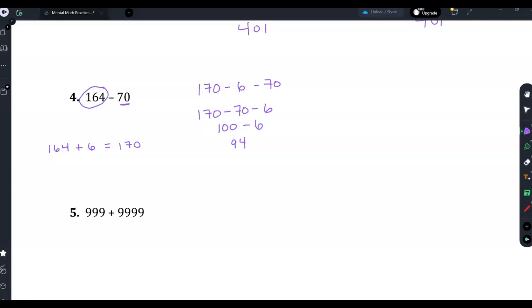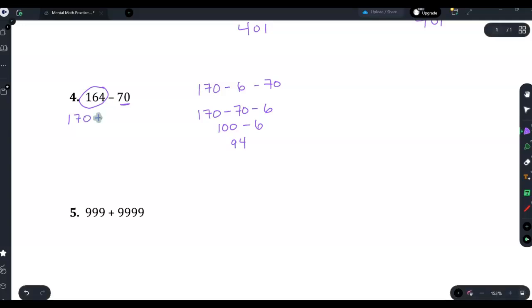But if I'm going to add 6 to it, then I'd also subtract 6 at the same time. So we can think of this as 164 is really 170, that is, 164, add 6 to that, and then also subtract 6. So it's kind of a weird way to write it, but you could do it that way.